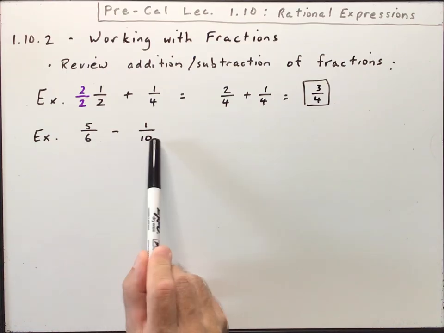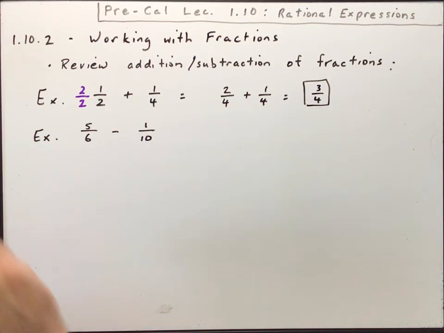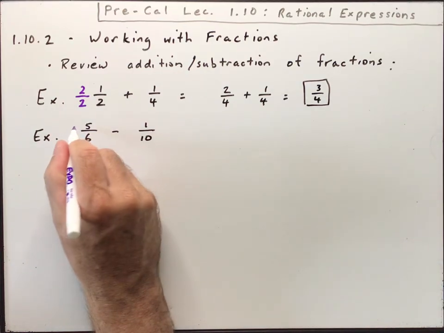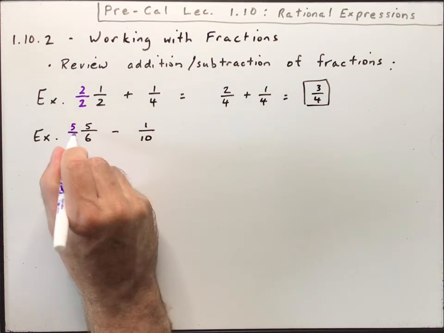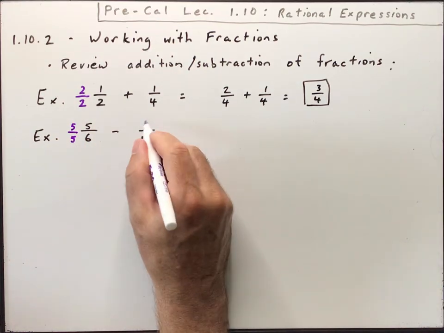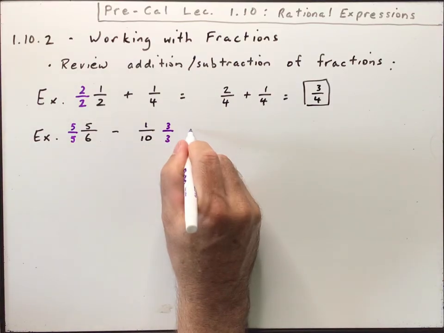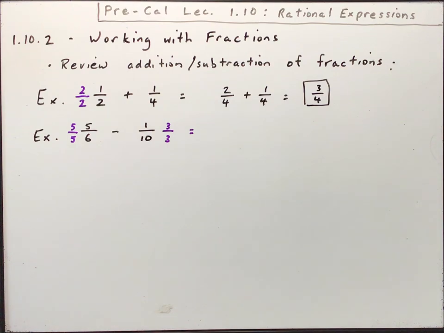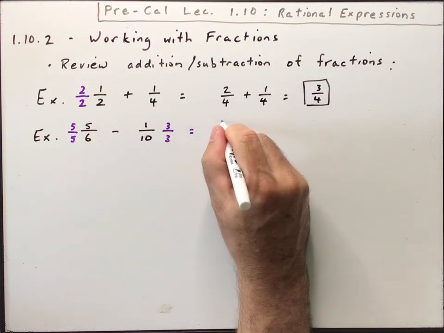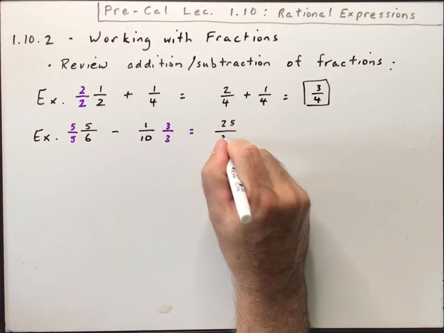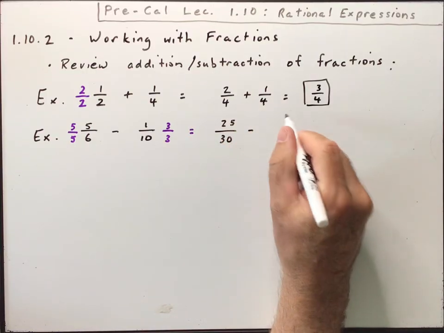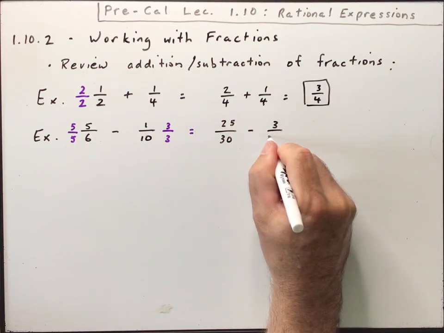I can see that we also could get a common denominator of 30. So that would be if we multiply this front one by 5 over 5, and 1/10 by 3 over 3. So both just clever versions of 1. We would have 25 over 30 minus 3 over 30.